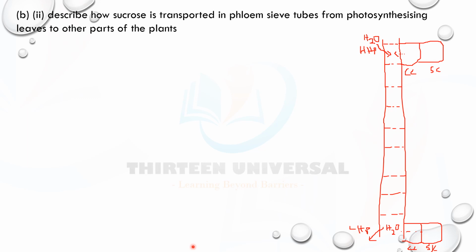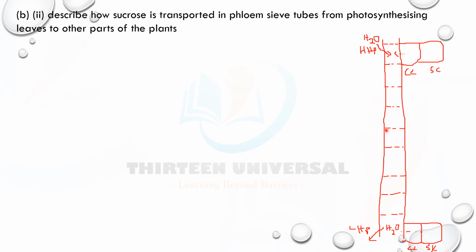Once water leaves, the volume of phloem sap decreases. Therefore we have low hydrostatic pressure. And then the phloem sap will move from the source to the sink by mass flow down the hydrostatic pressure gradient.